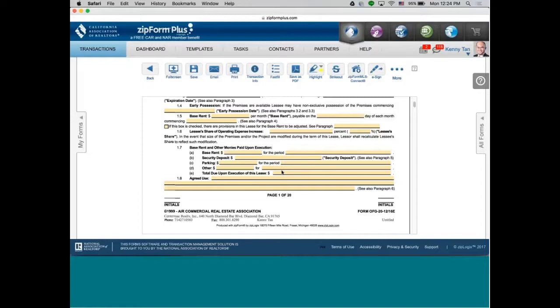So modified gross, the tenant pays for the base rent plus existing operating expense that's already included in the base rent. So unless there's a change in the operating expense, there will be no separate charge to the tenant for operating expense because it is included in the base rent.